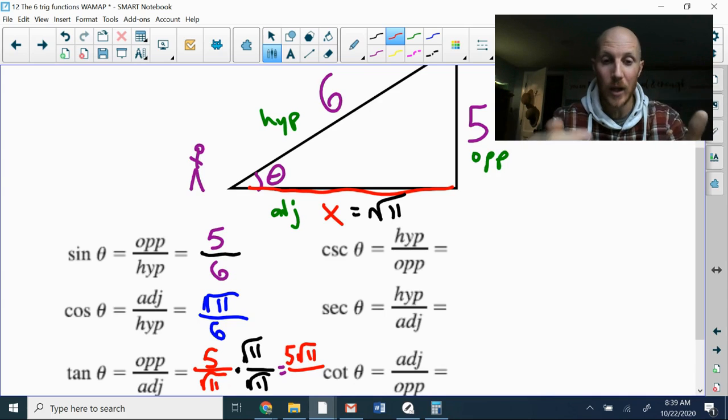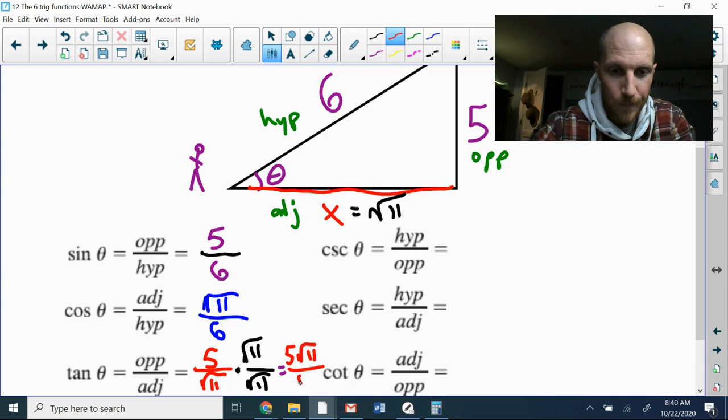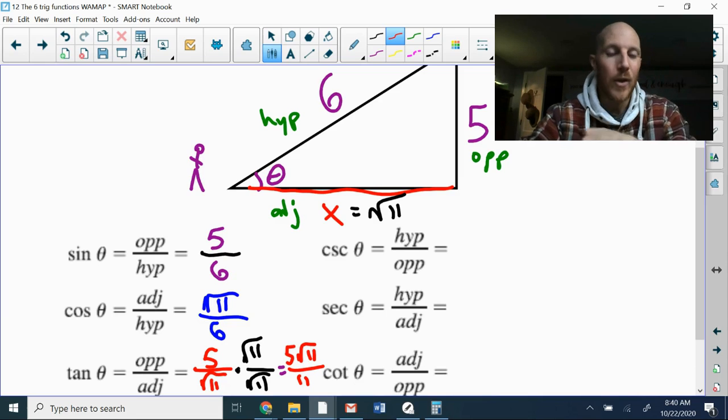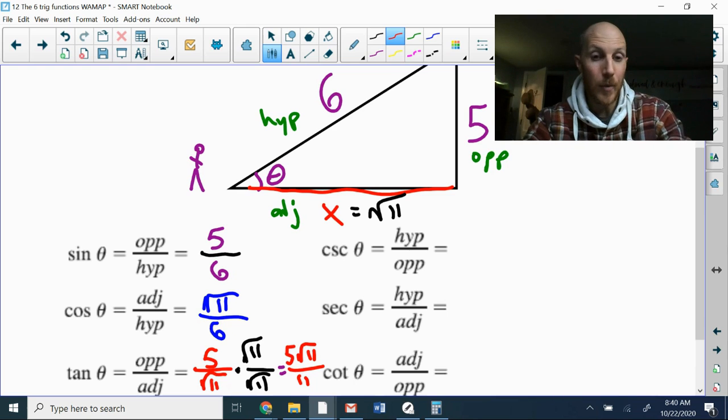So when I do that square root, I get 11. Okay, so this is mathematically correct. 5 radical 11 over 11, also less helpful for me to continue doing the rest of this problem. So you can enter either form into the WAMAP. But let's continue into column number 2.